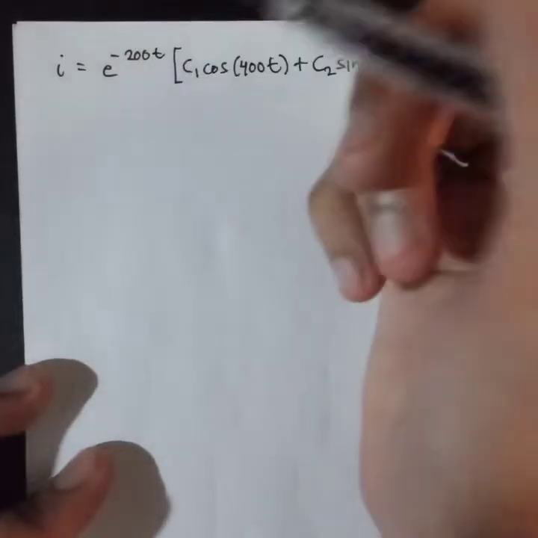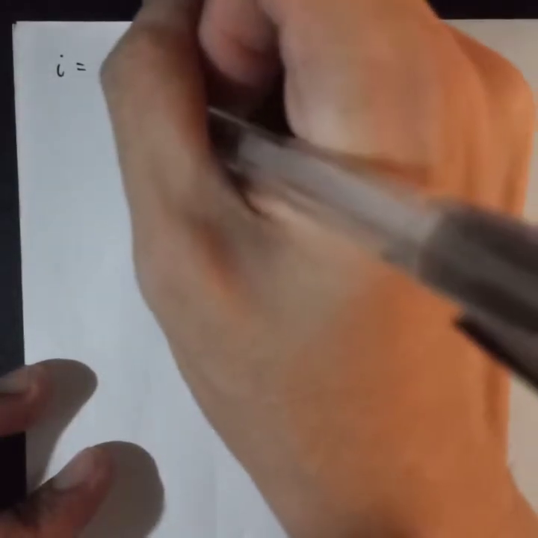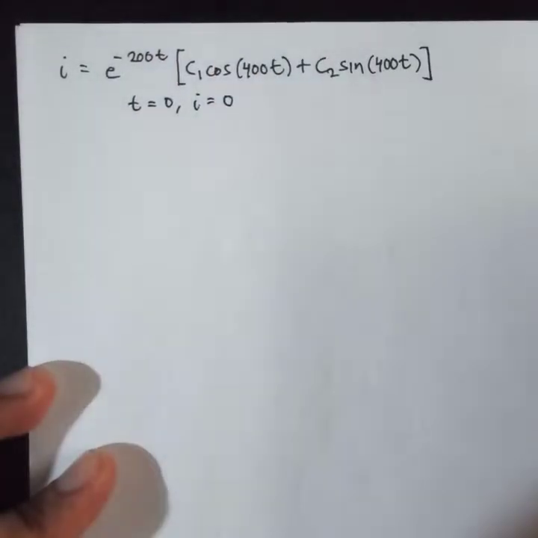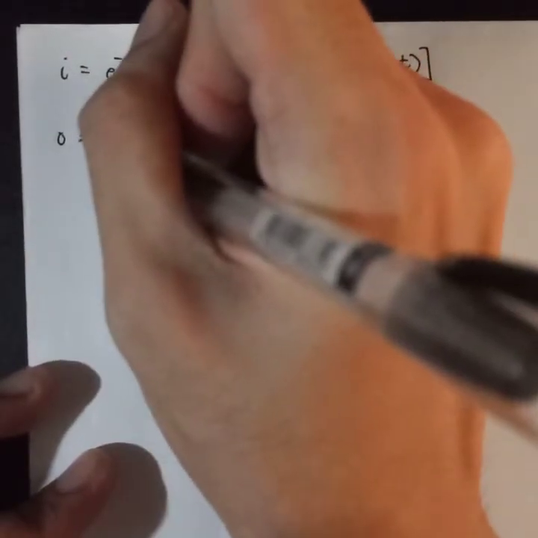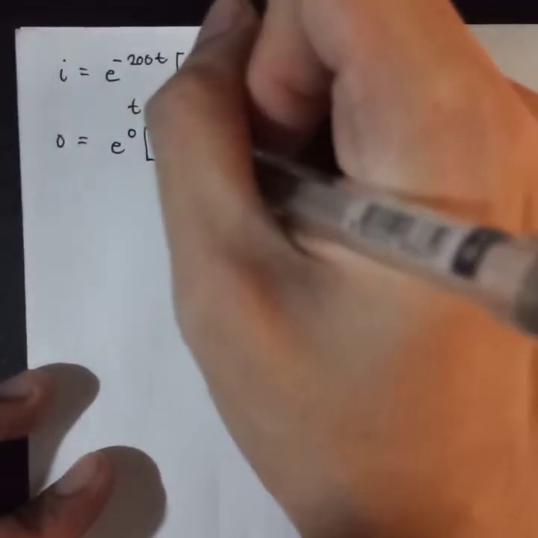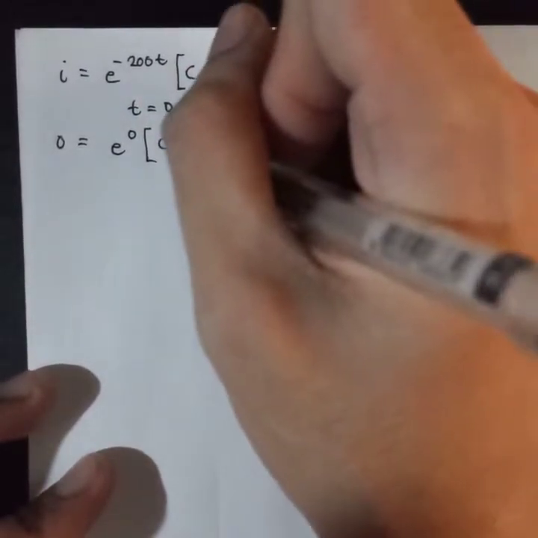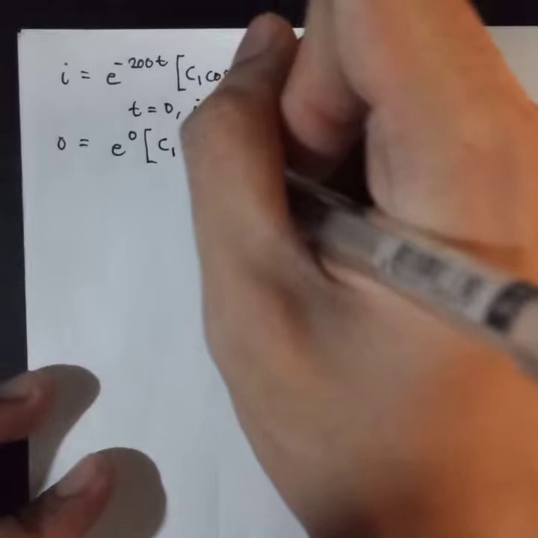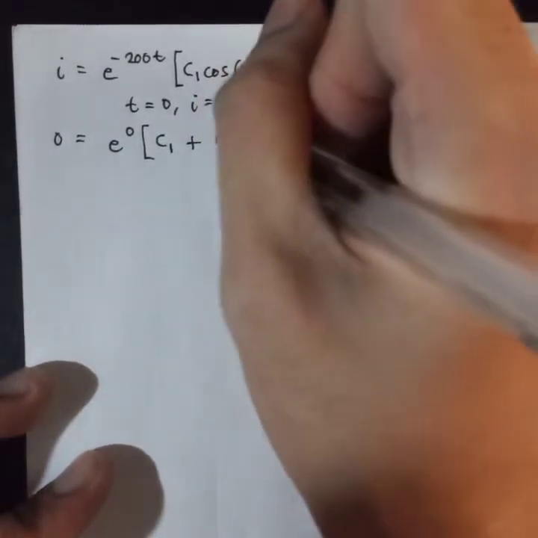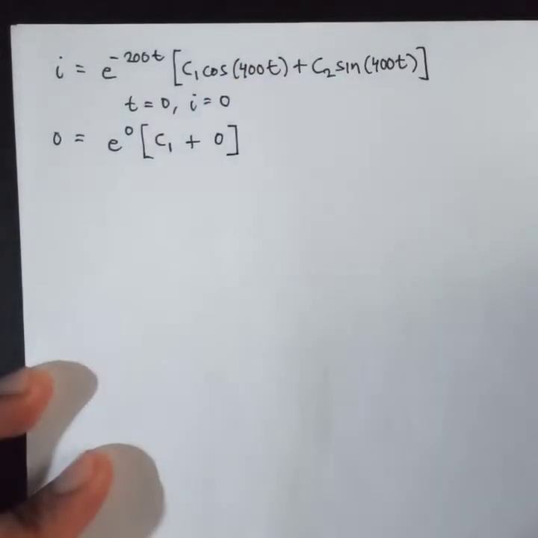Now, the initial condition is 0, therefore, at time equal to 0, i is equal to 0. Substituting that, we get 0 is equal to e raised to 0, which is 1, times c sub 1 cosine of 0, which is 1, plus, since sine 0 is equal to 0, that is also equal to 0.